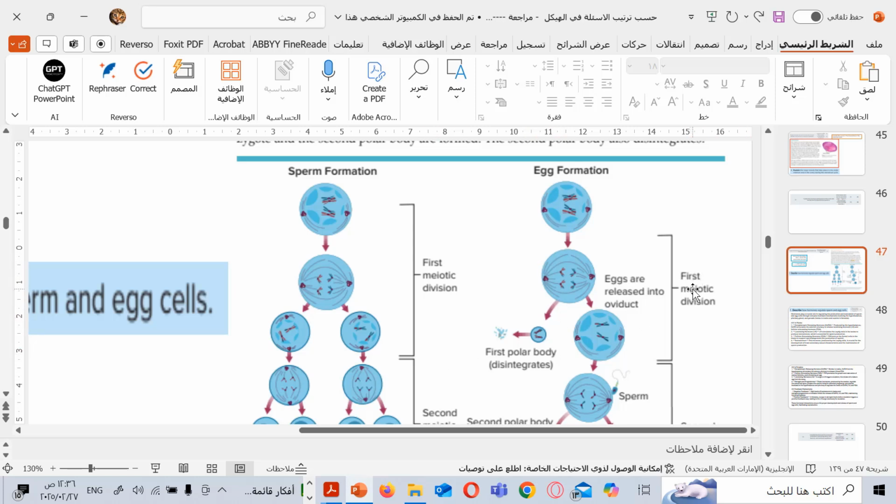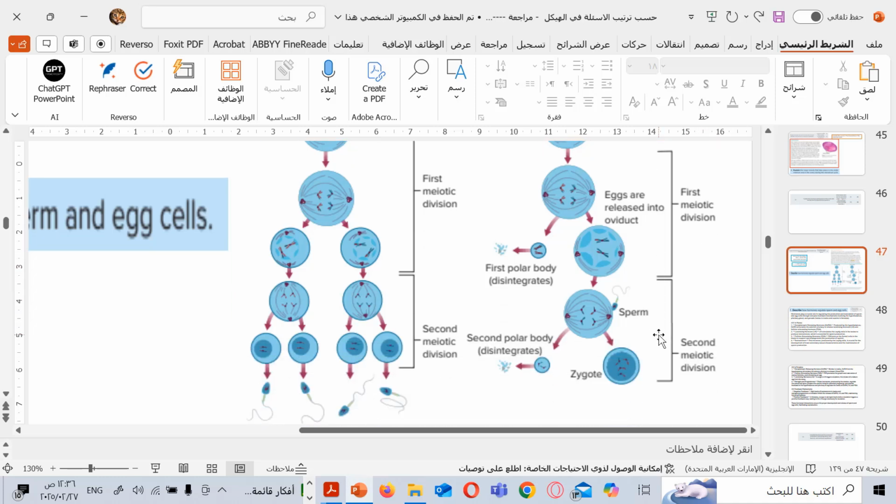This happens after the first meiotic division. The egg stays in this state until the sperm fertilizes it. When it is fertilized, it gives a zygote and the second polar body.